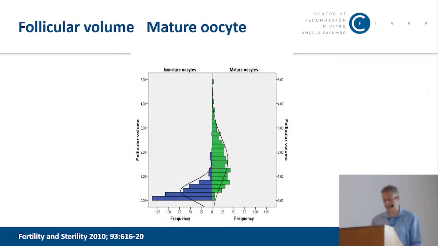You can see here the distribution of immature oocytes in blue and mature oocytes in green, according to the follicular volume. There is an overlap between the size of follicles containing immature and mature oocytes. This is the region of interest to calculate the minimal volume corresponding to mature oocyte.